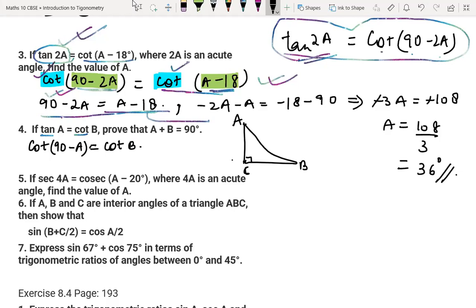See, tan A, we can write cot 90 minus A. Cot 90 minus A is equal to tan A. Now cot and cot is matching over here. We can write here 90 minus A is equal to B, or we can write A plus B is equal to 90 degrees.